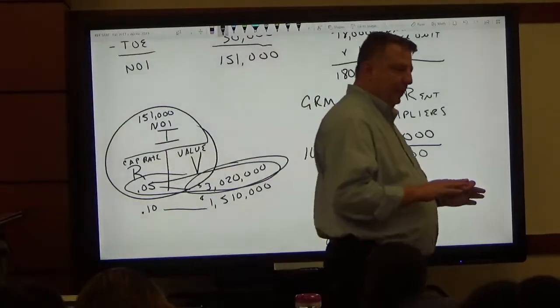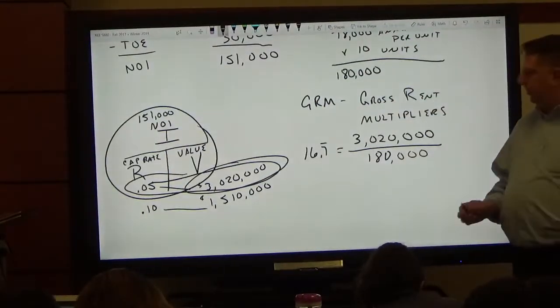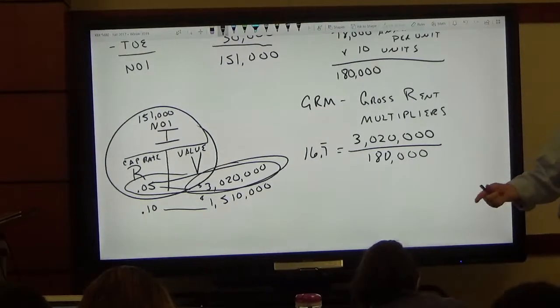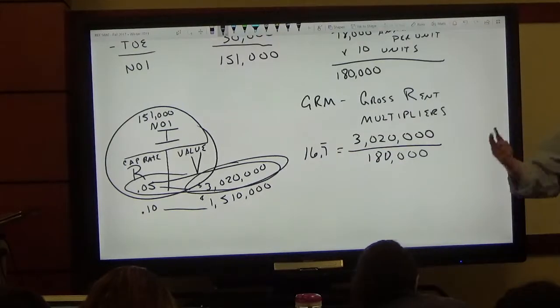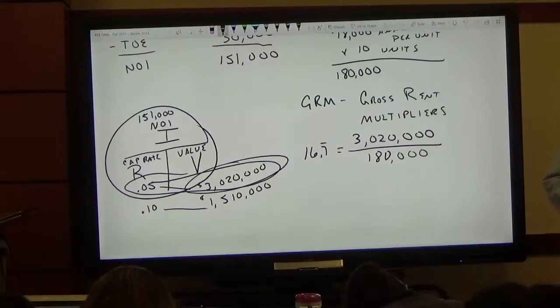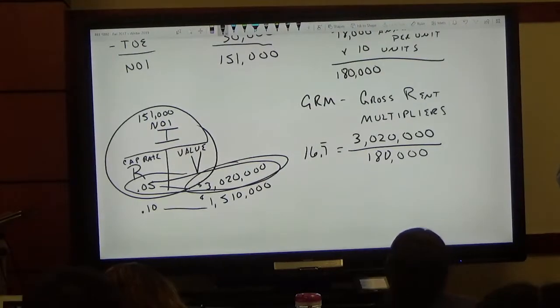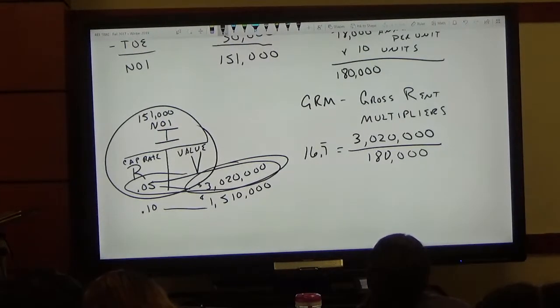Okay, so what we're saying with that, very simply, it's a very rough measure, but it's saying that this property is trading at or selling at a 16 multiple. Those of you that are finance majors or have had finance backgrounds, you talk about multiples in terms of earnings per share, and all sorts of other metrics that look at what is the relative value to the overall income that the property or the company is generating.